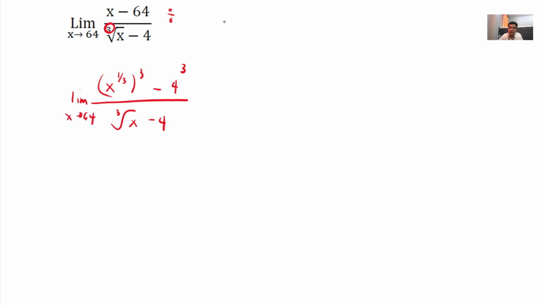Okay. Ang numerator na natin is difference of two perfect cube. And in difference of two perfect cube, class, 'di ba, that is a cubed minus b cubed. Pag finactor out natin yan, that is equal to a minus b times a squared plus ab plus b squared. Tama? Wait ko lang, tingnan ko kung nagre-record. Tama, nagre-record. So gawin natin siya. Ang a ko dyan is x raised to 1/3, ang b ko dyan is 4.